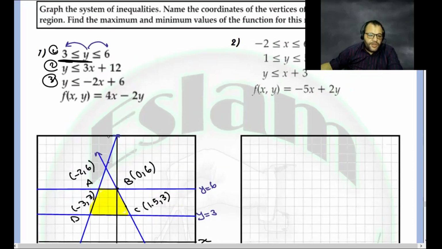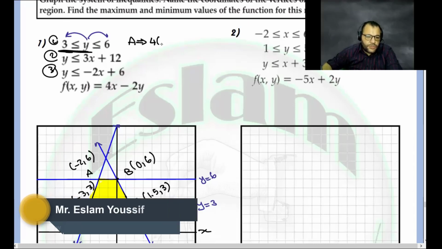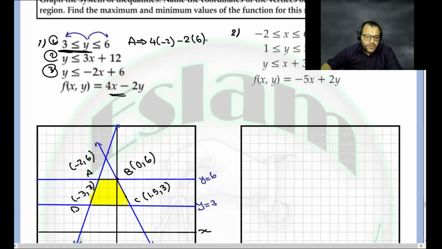How can we find the minimum or the maximum point? We form the table. At point A, x equals negative 2 and y equals 6. So all we have to do is 4 times negative 2 in the function minus 2 times 6. What is the answer for the first one? -20. Okay.